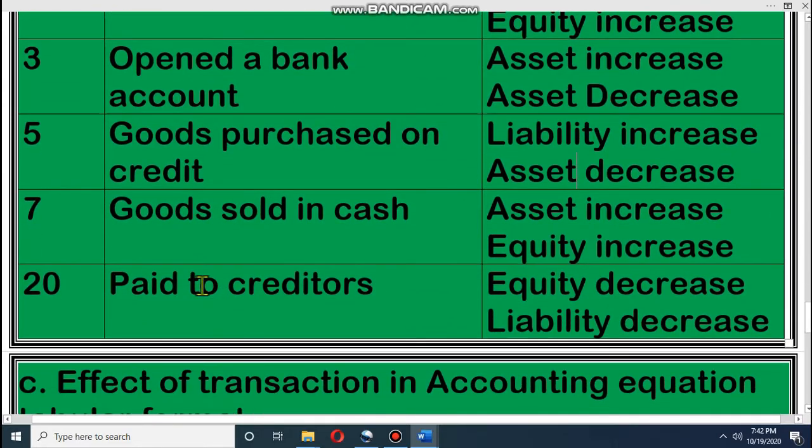Then goods purchased on account, on credit. If we purchase goods on credit, what will happen? Our liability will increase because you purchase goods on credit. That means you will pay the money later on. So liability increases, and by purchasing goods, what is happening? Our equity decreases.